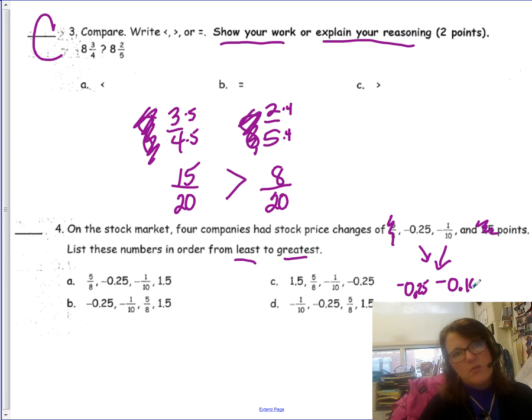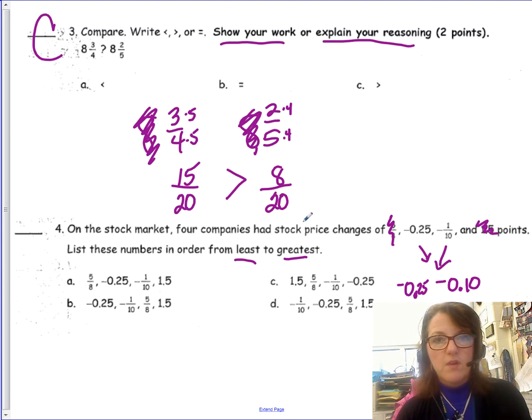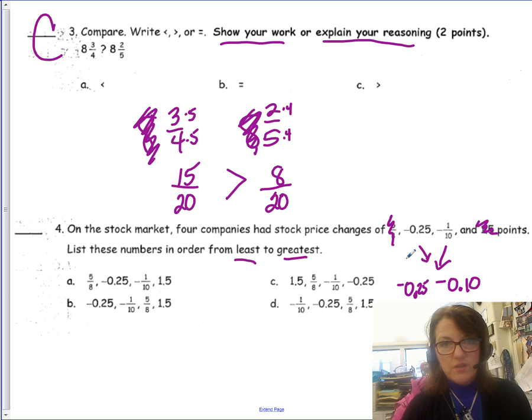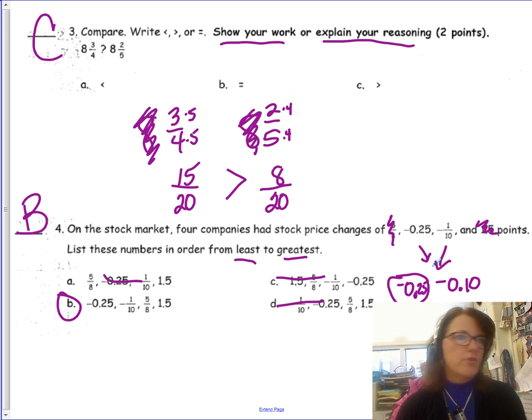I like to add a zero there, so I'm comparing the same number of decimal places, 25 hundredths versus 10 hundredths. Now, normally your brain is telling you, hey, or your eyeballs are saying 25 is always bigger, but in negative land, that is further down the number line. So this is actually the smallest number in the list. And when you look through your choices, there's only one answer that has that as the answer choice, and that's B.